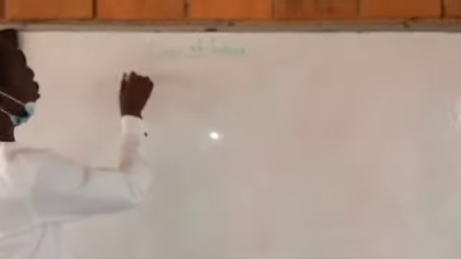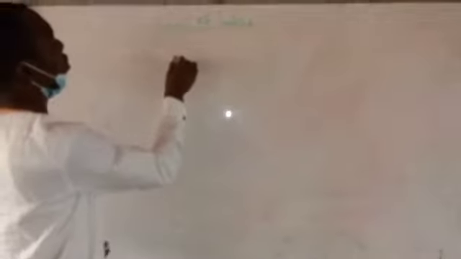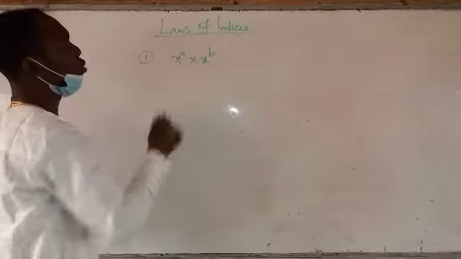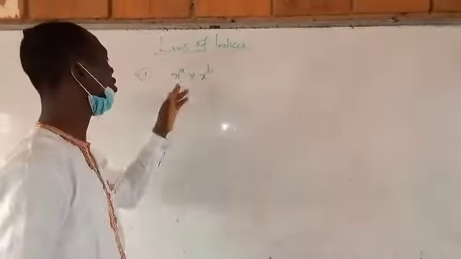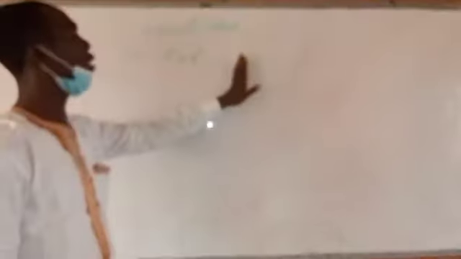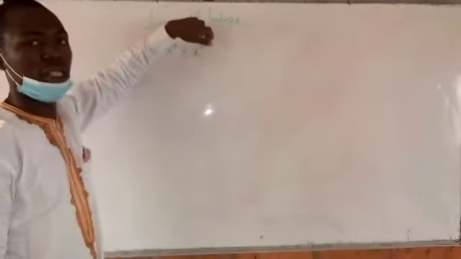Now, the first law is when you have to multiply two numbers that have the same base but different powers, all you have to do is add up their powers or the index.